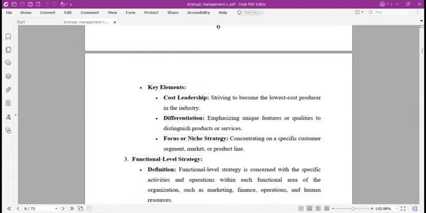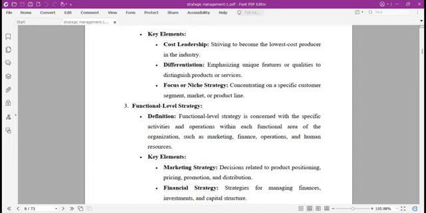The organization ensures that it's focused on that type of market or segmented market or product line that is distinctive, that gives it appreciable returns or returns on investment. Of course, any organization will embark on such.